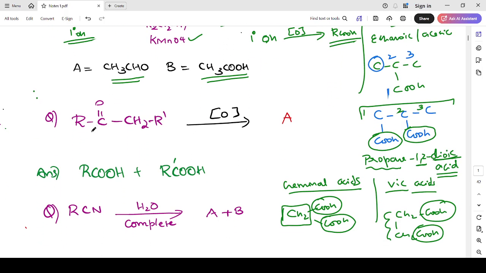The next method is the oxidation of ketones in the presence of concentrated nitric acid.